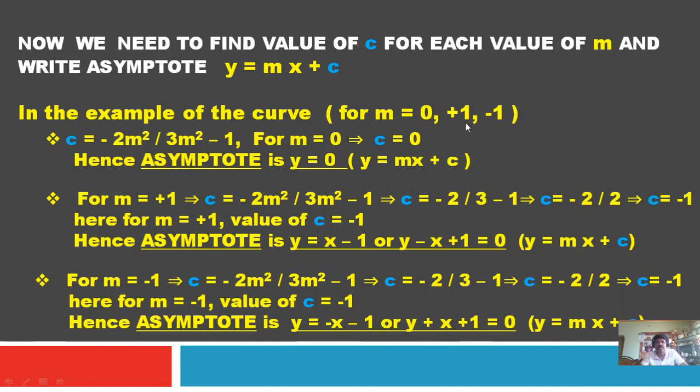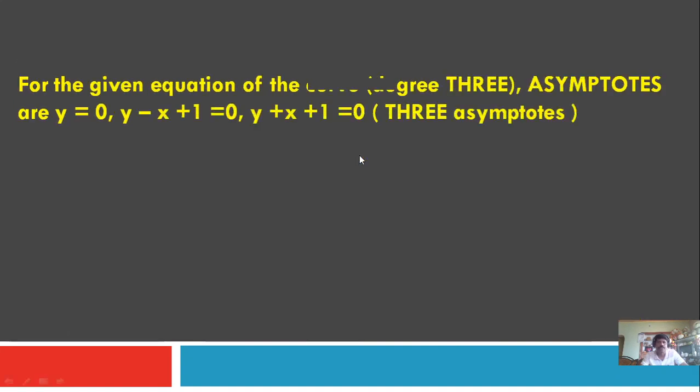For 3 values of m and 3 values of c, we got the 3 asymptotes. For the given equation of the curve, since the degree is 3, we got 3 asymptotes. They are y equals 0, y minus x plus 1 equals 0, and y plus x plus 1 equals 0. These are the total asymptotes we got for the given curve.